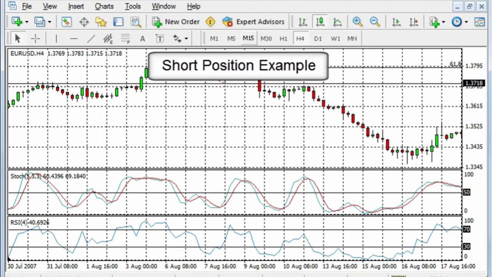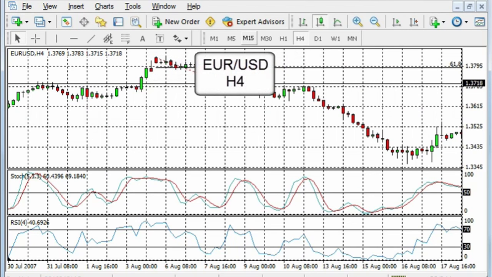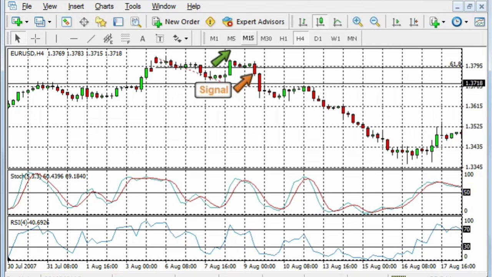In this example, we test the strategy in the Euro-USD currency pair in a 4-hour time frame. A sell signal will be received as seen here, where the rate corrects the previous trend in an upwards direction, and a candlestick appears which goes above 61.8%, but then returns and closes beneath the 61.8% level.